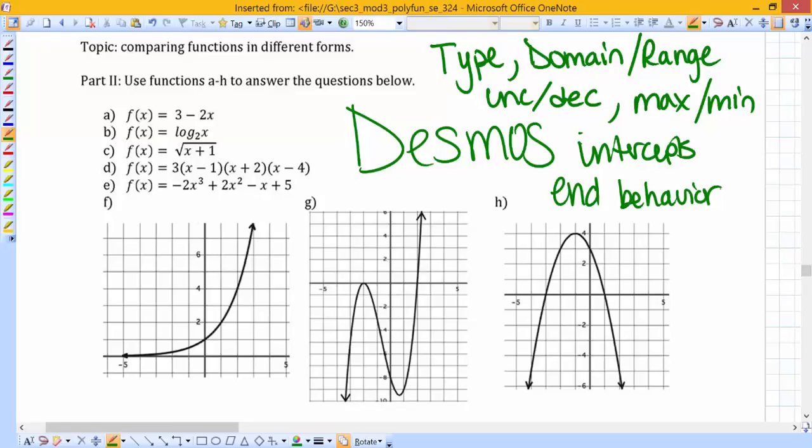So that pretty much covers everything that we have talked about so far. I want the type, domain, range, increasing, decreasing, max, min, intercepts, end behavior, and just for the heck of it, I want the degree, and I want if it's odd or even. So you have a lot to do there, but use Desmos to make your graph.